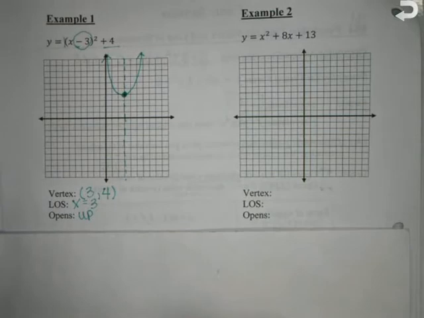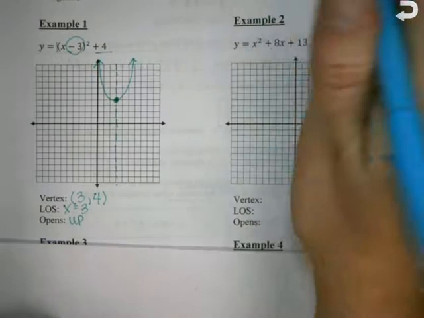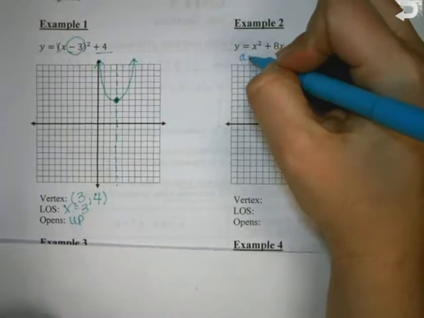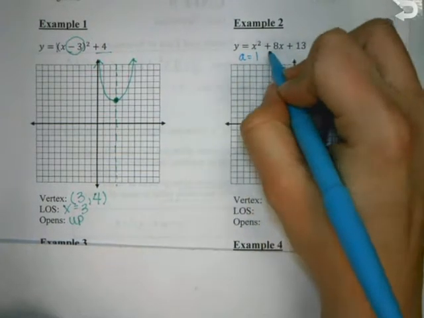Okay, let's look at example 2. Is this one in vertex or standard form? This one's in standard, so we actually have to do a little bit of work. How do I find the x-coordinate of the vertex? So A is what? 1. B is 8.